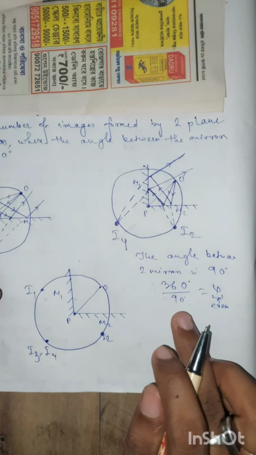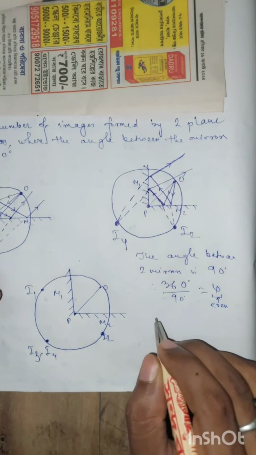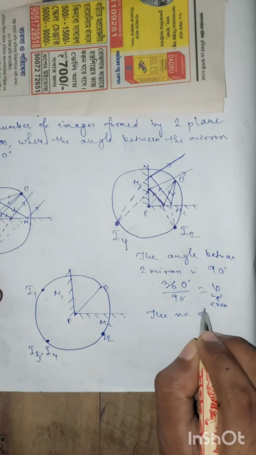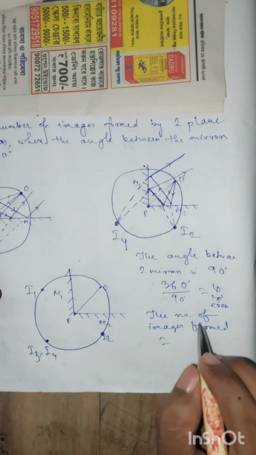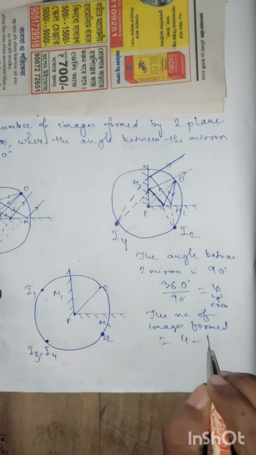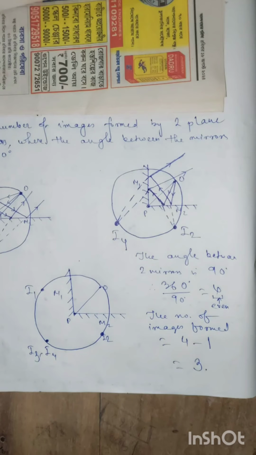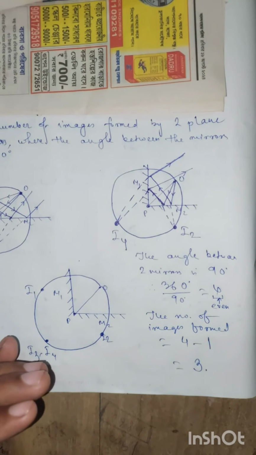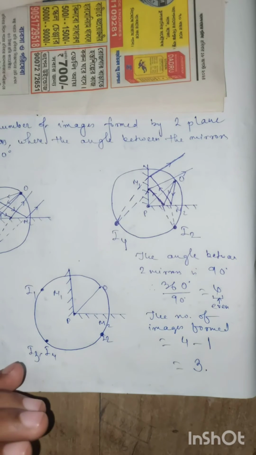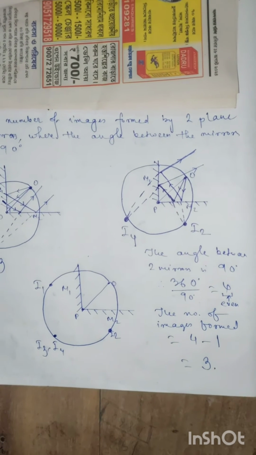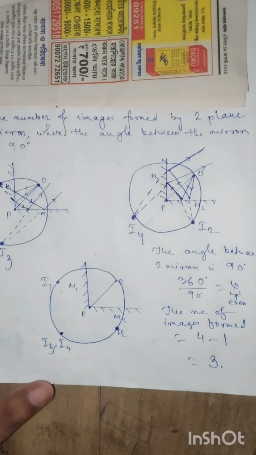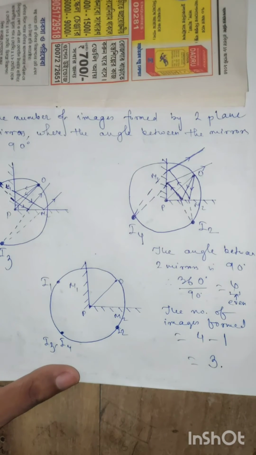So when this ratio is even, we know the number of images formed will be one less than this, that is 3. So when we keep two plane mirrors perpendicular to each other and place an object in front of them, we can see three images. So I hope you have understood it. Now let me come to the next point.